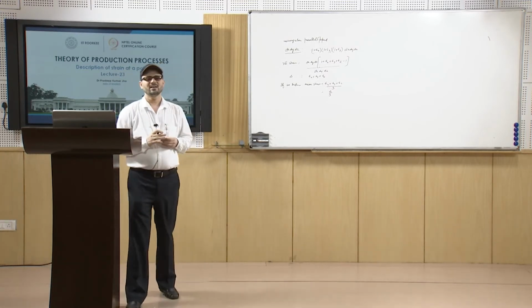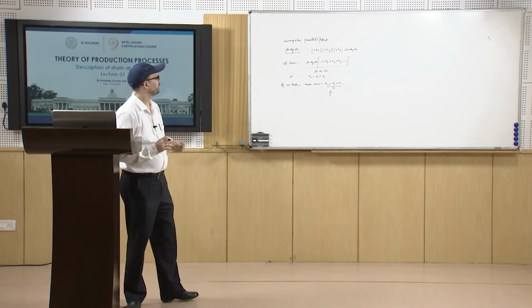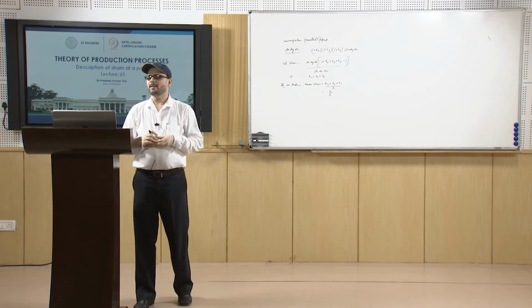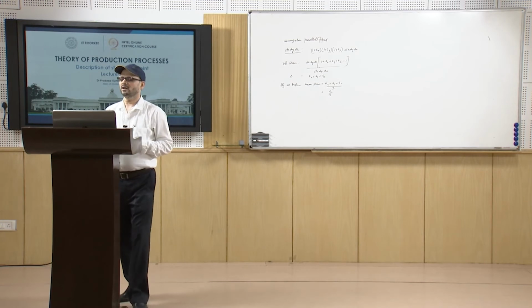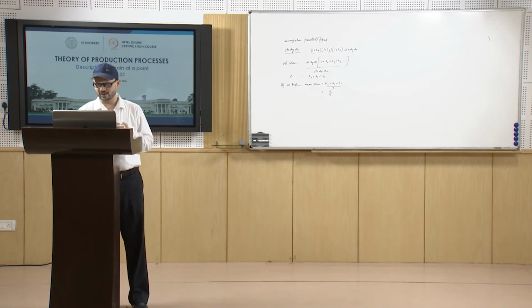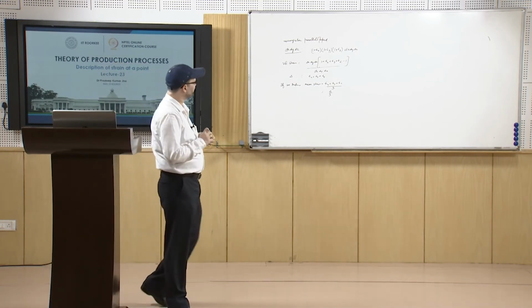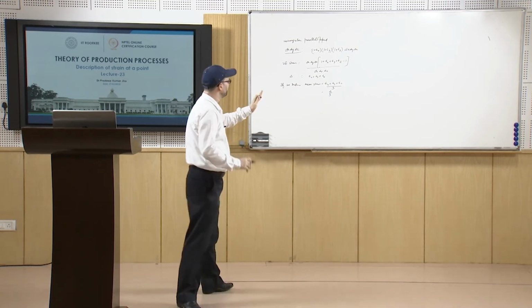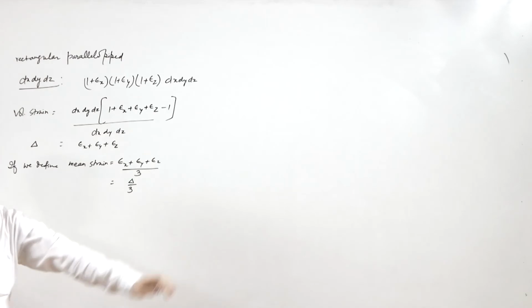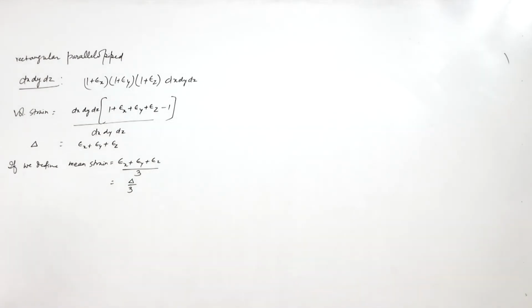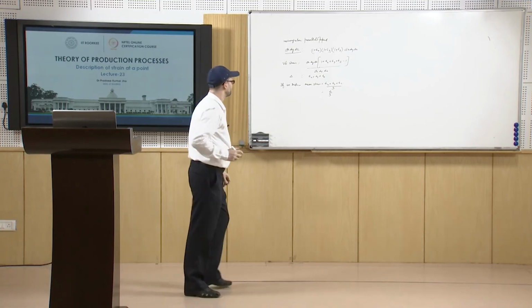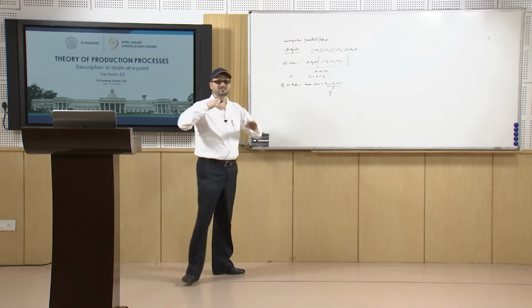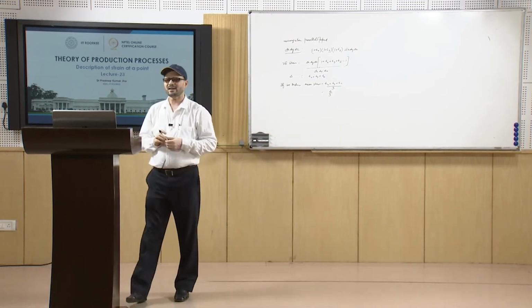Now you will have two components of the strain. You will have the strain deviator, and for that you have to subtract the mean part from the normal strain part. So the strain deviator is epsilon ij prime.